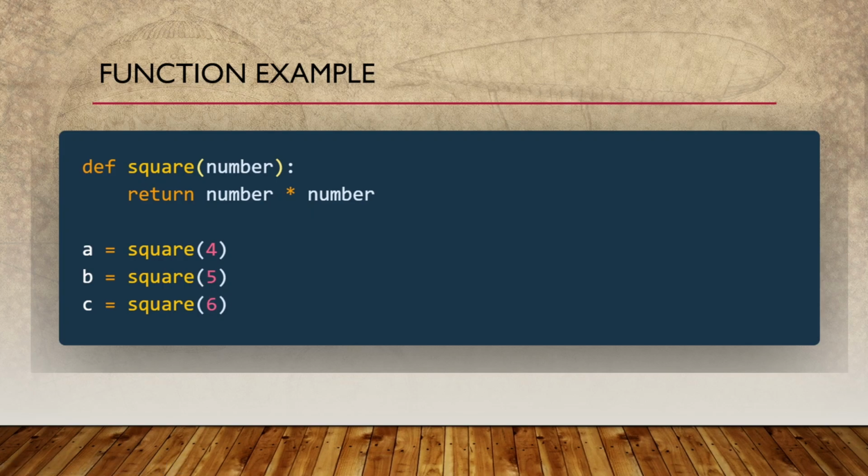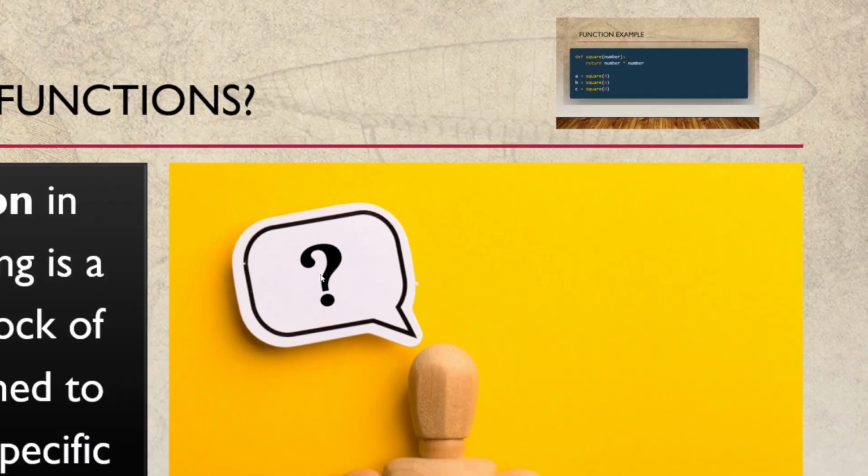But imagine if you have a long function which is calculating the square, then calculating the cube, and then adding these two, and imagine anything, a more complex function. So you do not have to write that same number of lines again and again. You can just define a function and then you can call it multiple times without wasting multiple lines of code.